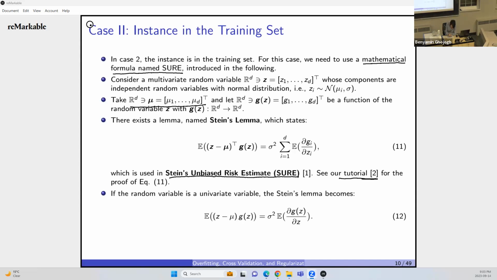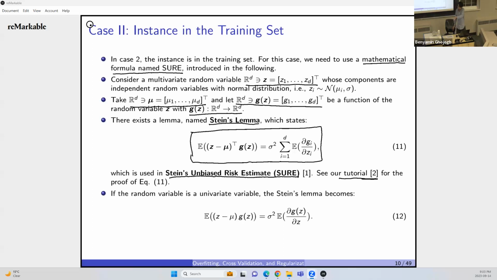Consider this vector mu, d-dimensional. Also, consider a vector g of z, g1 to gd. It's a function applied on a vector z. So g of z gets a d-dimensional vector and outputs a d-dimensional vector, right? And this equation 11 is called Stein's lemma.